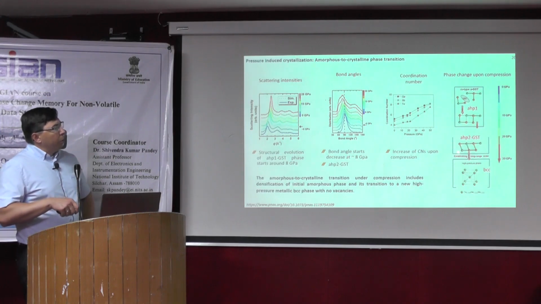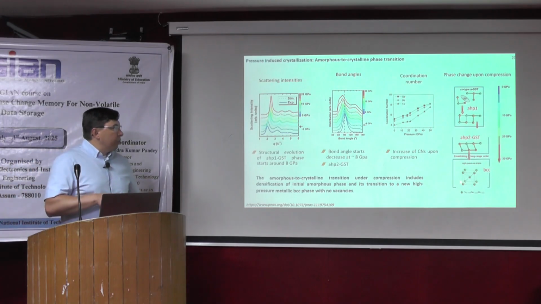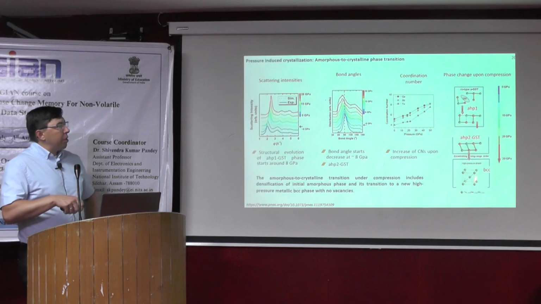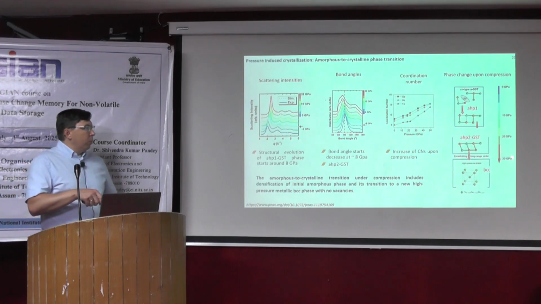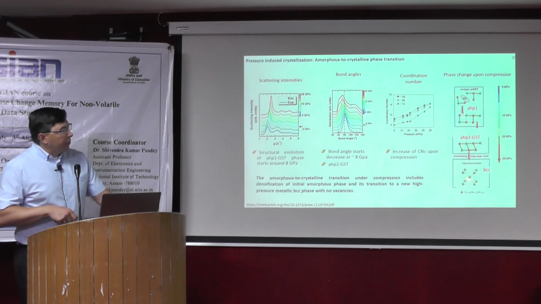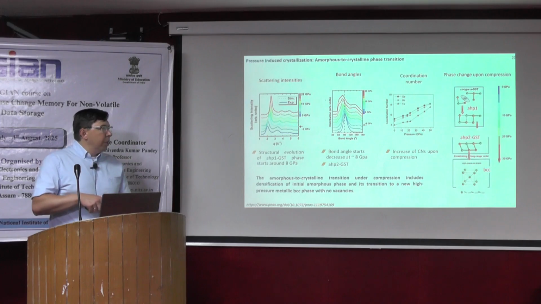And then on further densification, we go to the transition to the crystalline phase. It's around 30 gigapascal. This phase is also cubic, but it's not an FCC structure, it's a BCC structure.